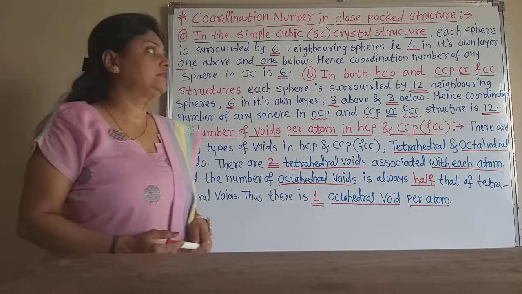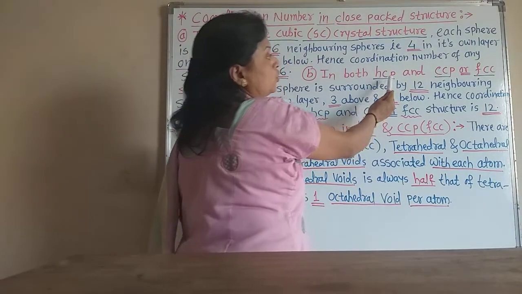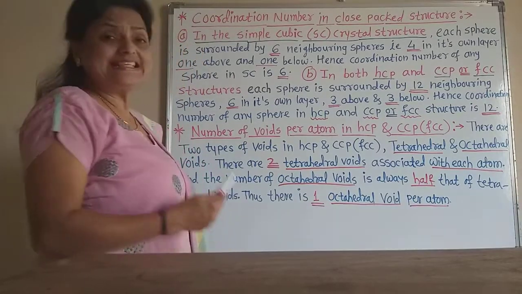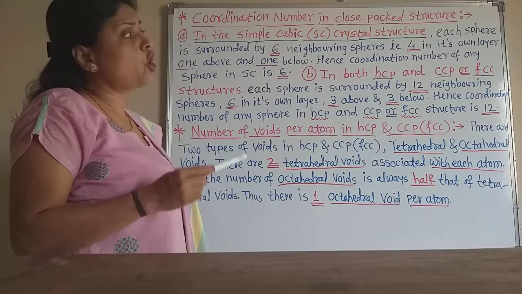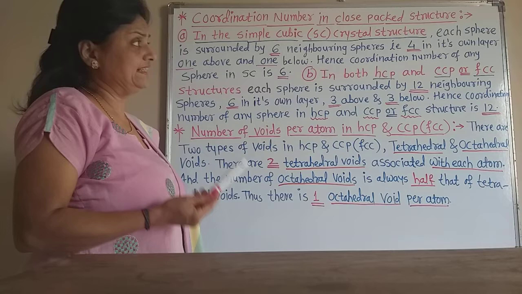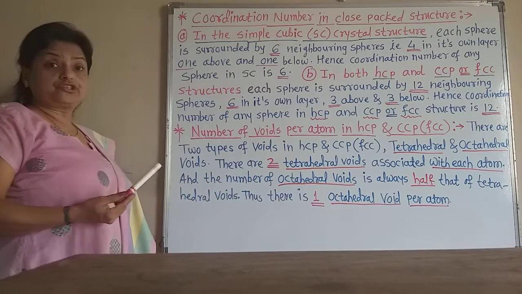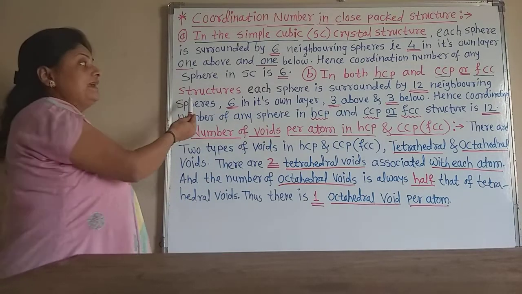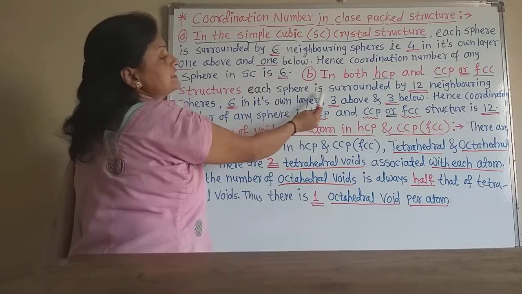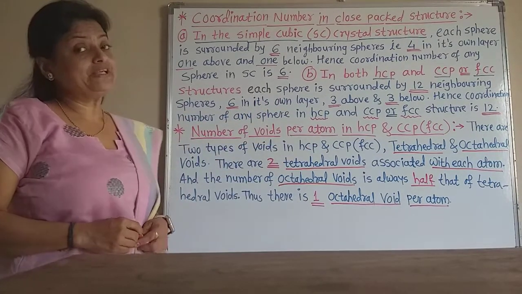Now in both HCP, hexagonal close packed, and CCP, cubic close packed, which is also called the face centered cubic structure, each sphere is surrounded by 12 neighboring spheres.